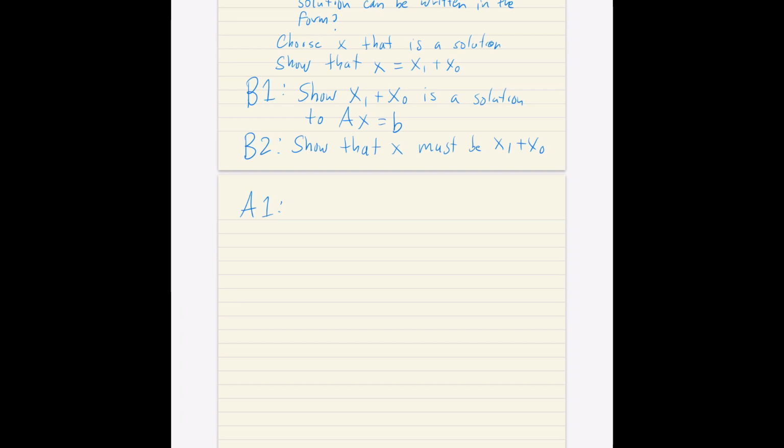A1, we're going to use the fact that x1 and x0 are solutions to Ax equals b and Ax equals 0, respectively.